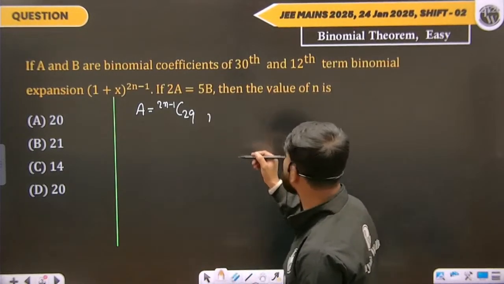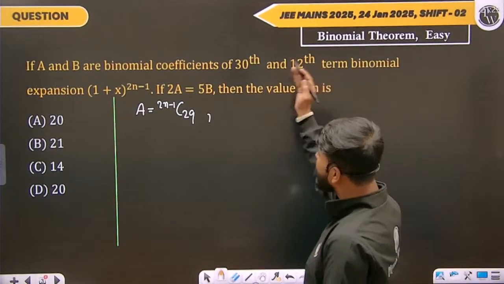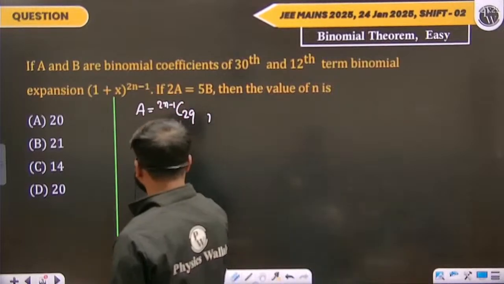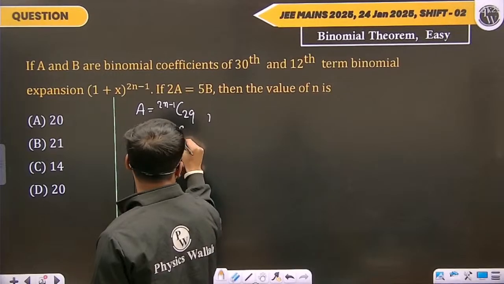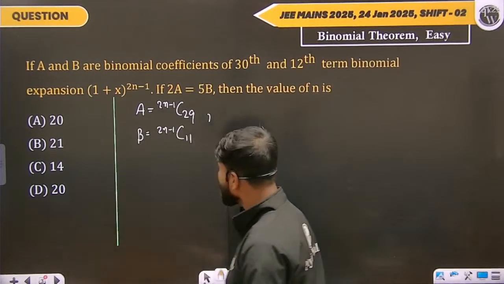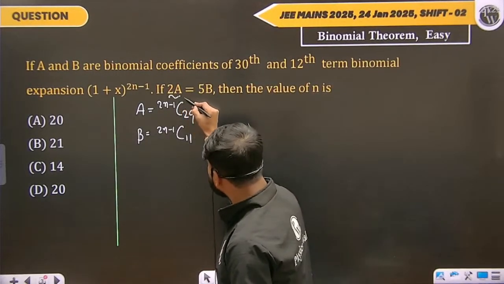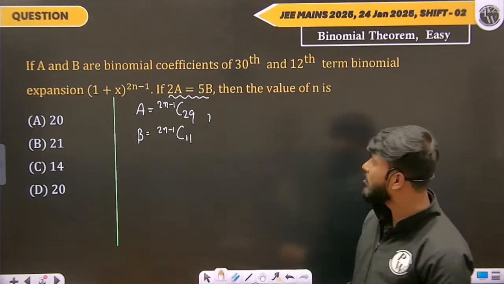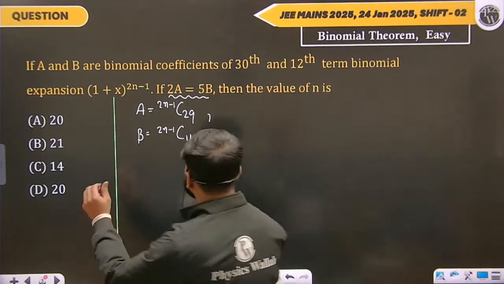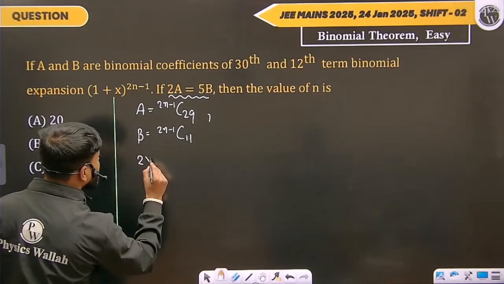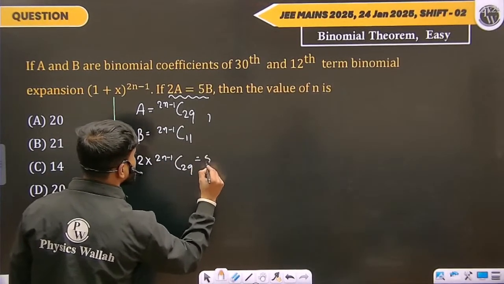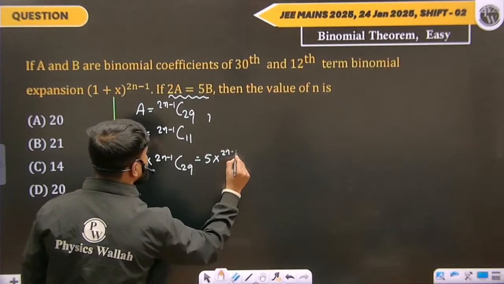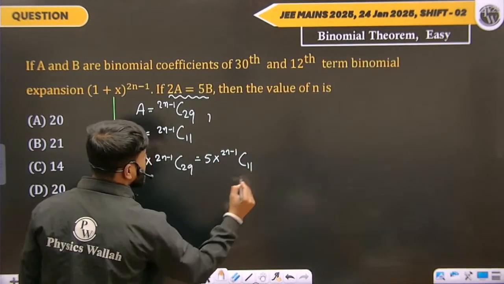B is nothing but the coefficient of the 12th term of this expansion, so it is 2n minus 1 C11. Now the hint given is 2A equal to 5 times B. Let us write this equation: 2A, that is 2 times 2n minus 1 C29, is equal to 5 times 2n minus 1 C11.